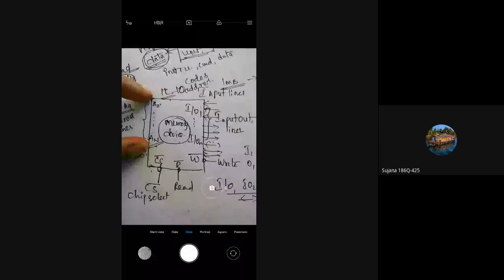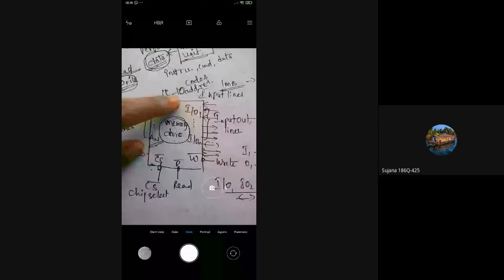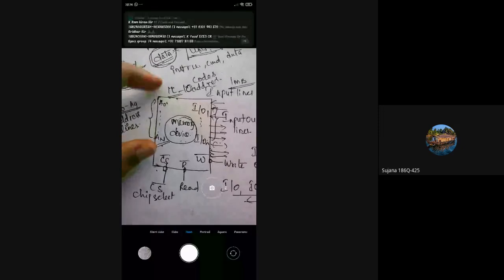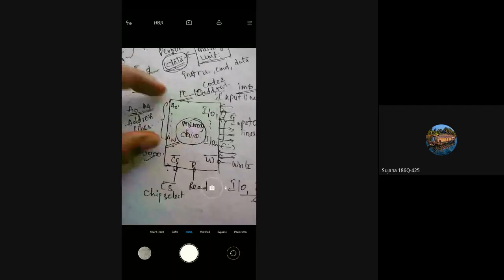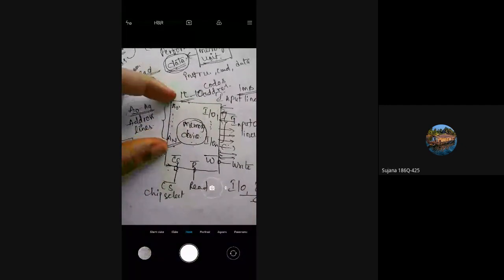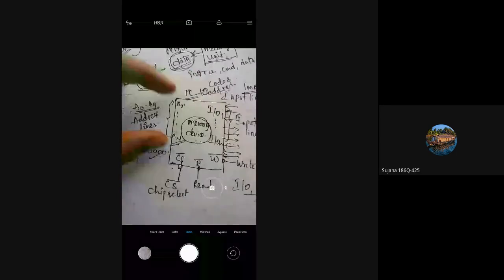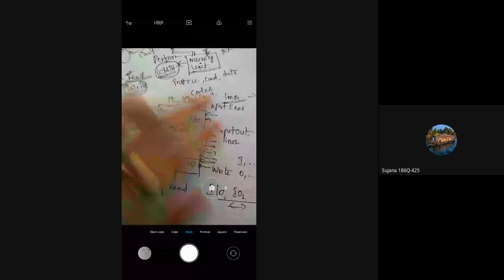If you have 1K memory, you will have 10 address lines. If it is 1 MB, you will have 20 address lines, A0 to A19. So based on the capacity, these address lines will be provided to this memory device.